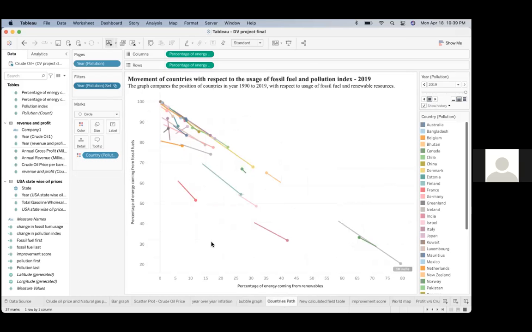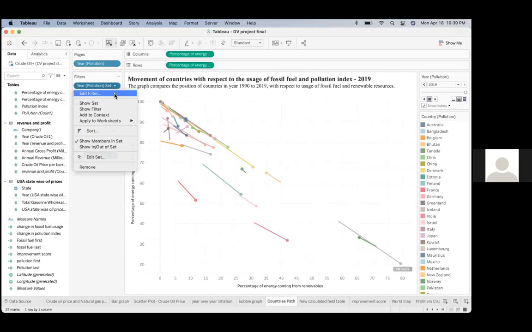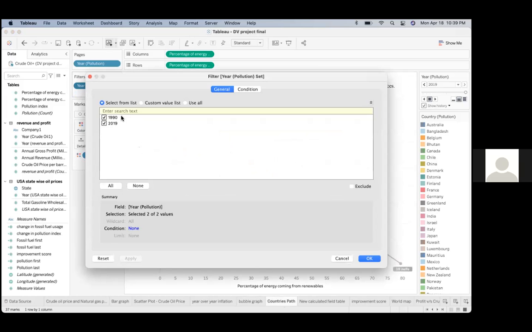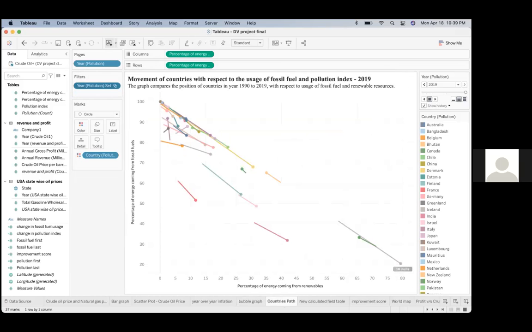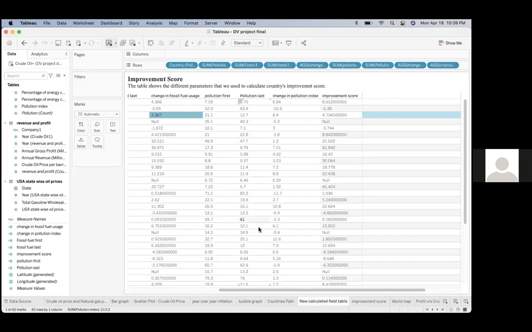So in this graph, we have used filters as in many other graphs. We have created the set of years, initial year and the final year, just to see the direction that the countries have moved in. Now let's look at the table here. We have created new calculated fields to measure the improvement score of the countries.